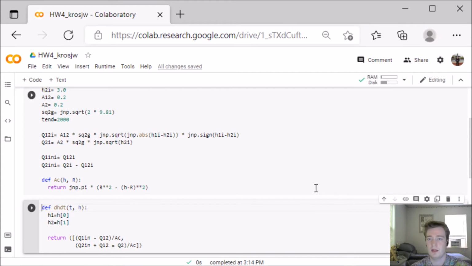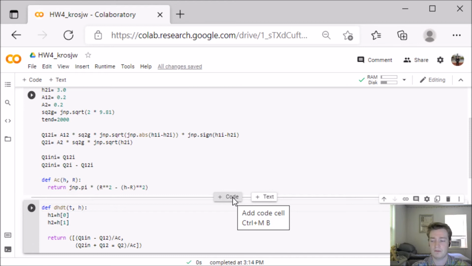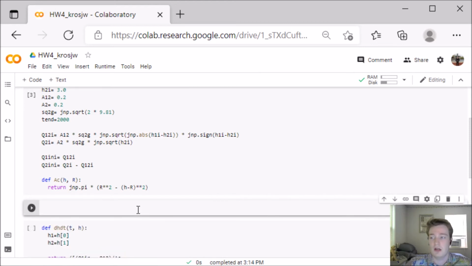But what we need to know is that a sigmoid function will take a function from a range of negative infinity to infinity and squash it down to a range of -1 to 1. And we're going to use that to simulate the switch in flow rates at t equals 100 and t equals 200, respectively, for flow rate in 1 and 2.